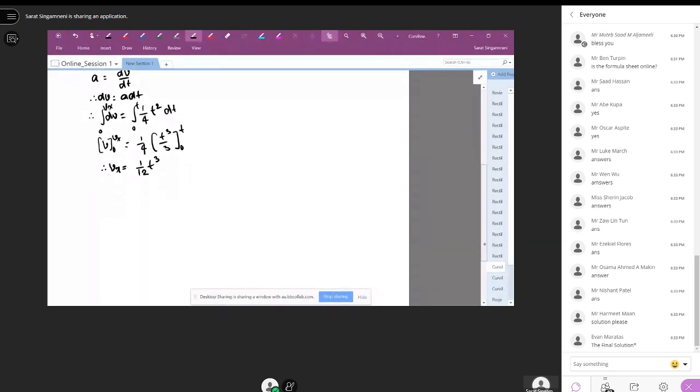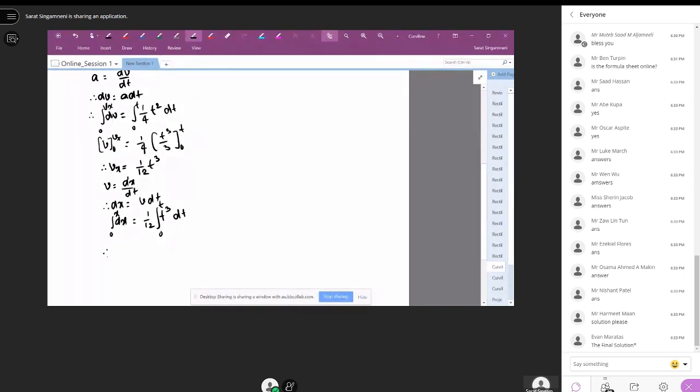Then for the displacement, v is dx over dt. Therefore, dx is equal to v dt. Integral dx from 0 to x is equal to 1 over 12 integral t cubed dt from 0 to t.